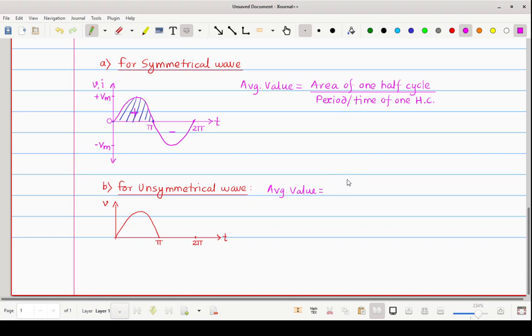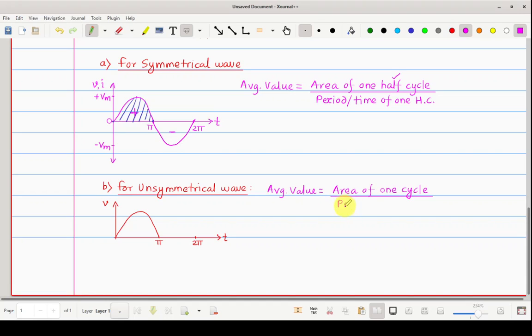Your average value is again the same formula: you have to take the area. But since the positive half cycle is not equal to the negative half cycle, you have to consider both half cycles, so the area of one complete cycle, divided by the time period of one cycle.